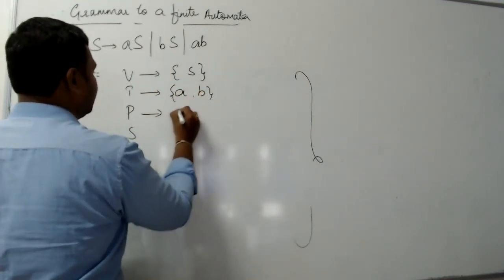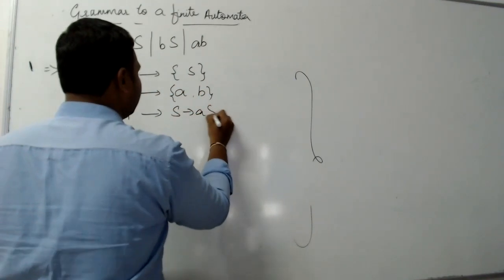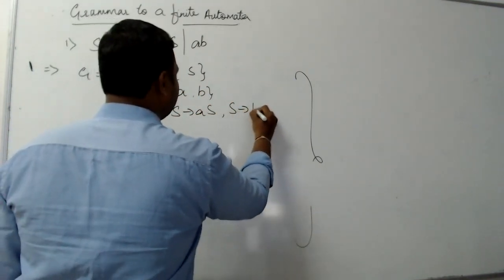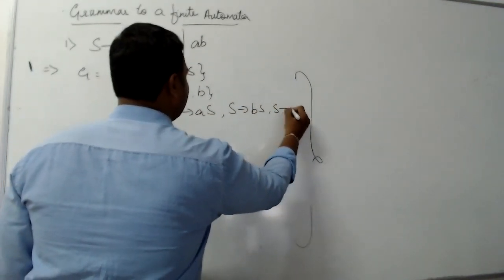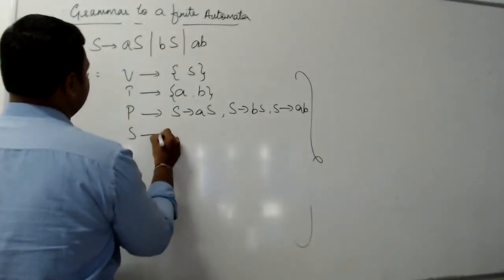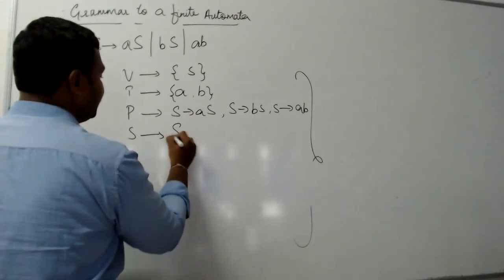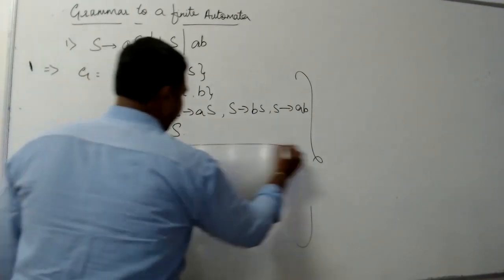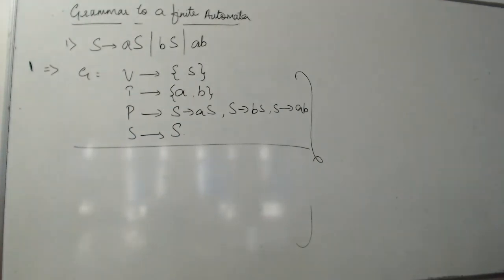P stands for production, that is S tends to aS, S tends to bS, and S tends to ab. And again the start symbol is S itself. So this is the grammar given.